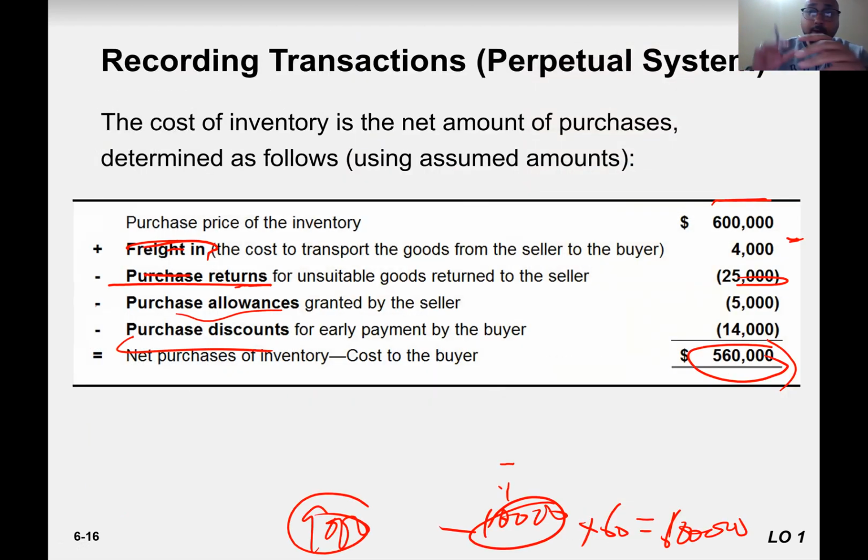So it is written on the balance sheet in one figure, but you should know how we calculate this cost price: order price minus all the discounts plus all the additional expenses that we have paid, freight charges, right? Even commission, if we hire somebody who helps us to purchase things, and he has some kind of fee, that also increases my cost. That also is going to be added here in the cost, right?